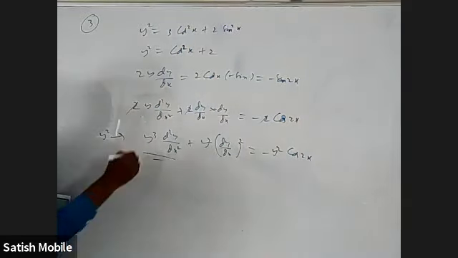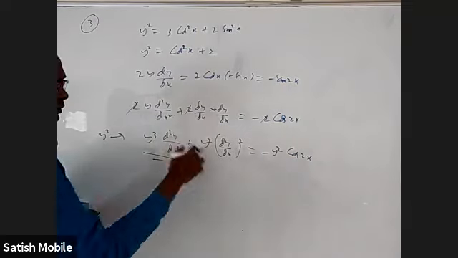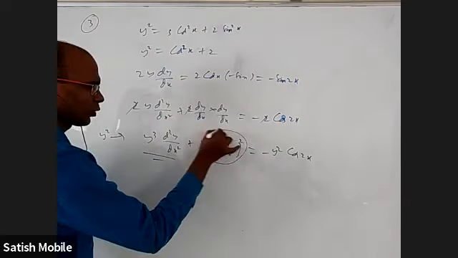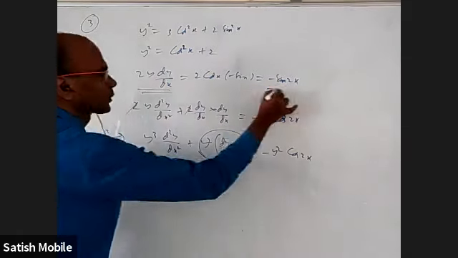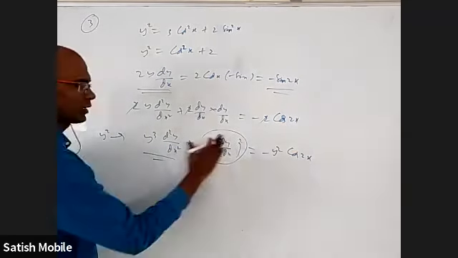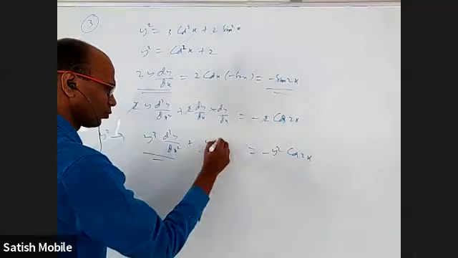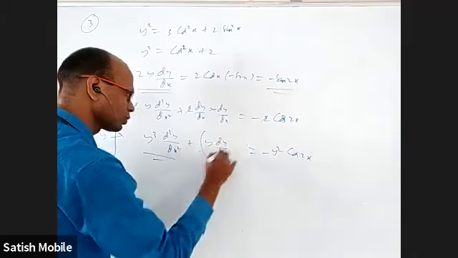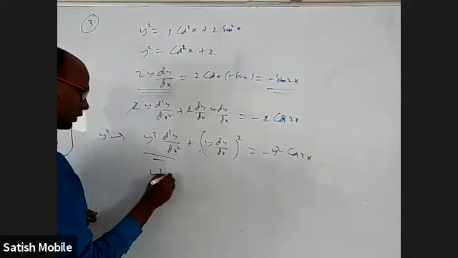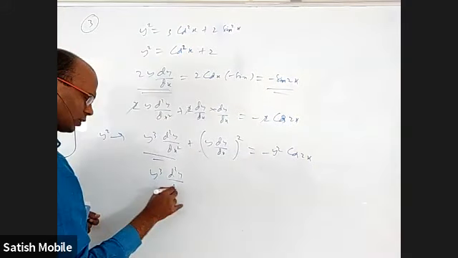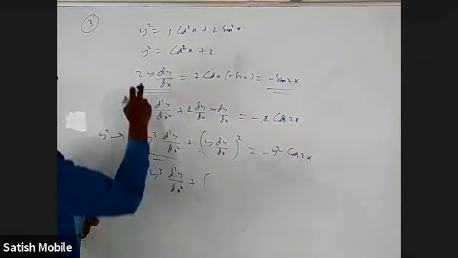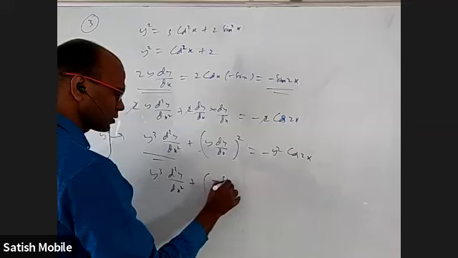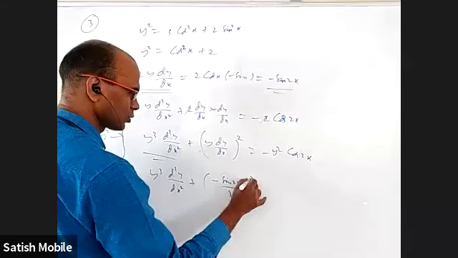We are getting what we want here, and we don't want dy by dx at all. What is y dy by dx? I can write this as y dy by dx whole square. So this is y cube d square y by dx square, and in the place of y dy by dx, I can write minus sine 2x by 2 whole square.